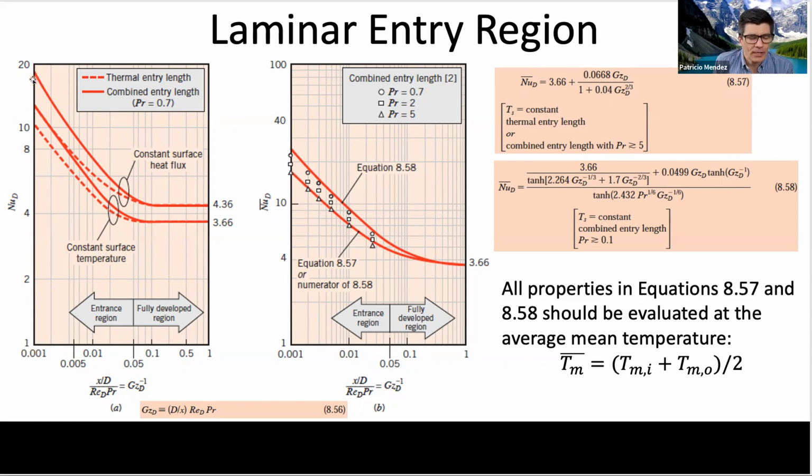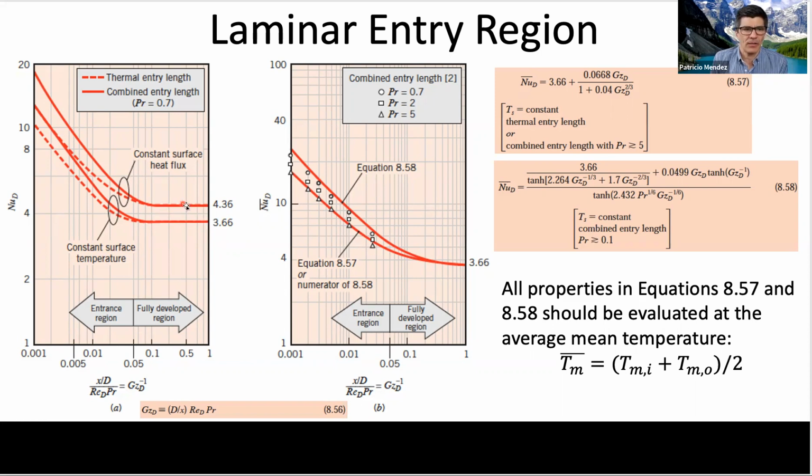A high Nusselt next to the inlet. We already discussed that, because the boundary layer is thin. And this high Nusselt number comes down to, guess what? To something more or less like 4. This area is where we have fully developed flow.